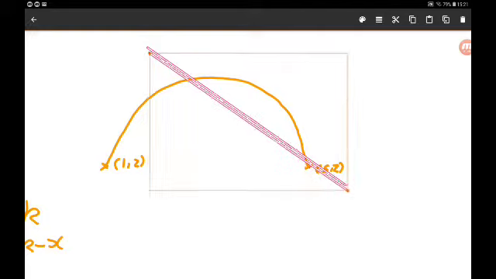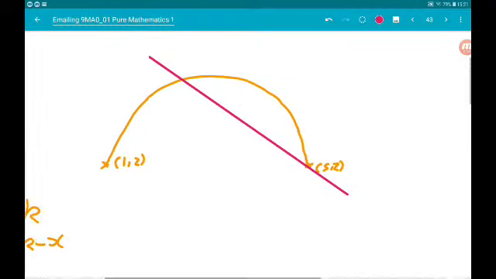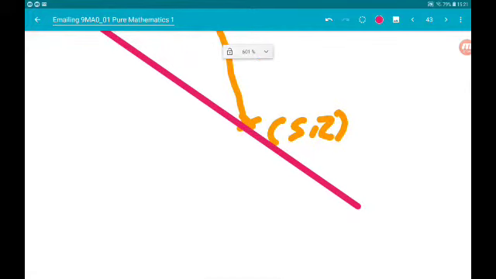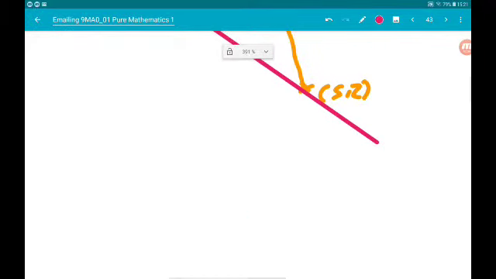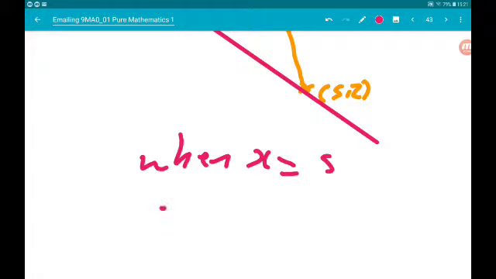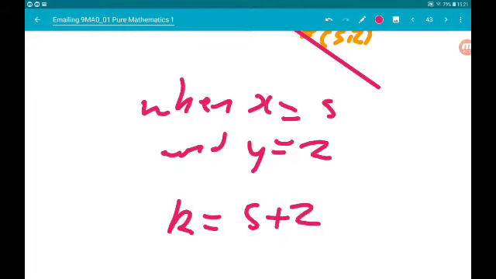So what we're going to do then to find the value of k is substitute in x equals 5 and y equals 2. So when x is 5 and y is equal to 2, k is equal to 5 add 2, which is 7.